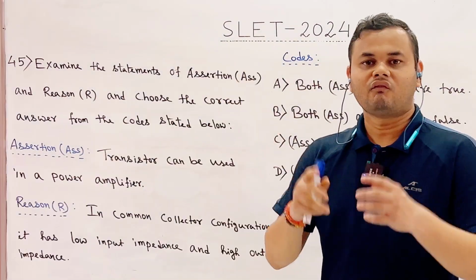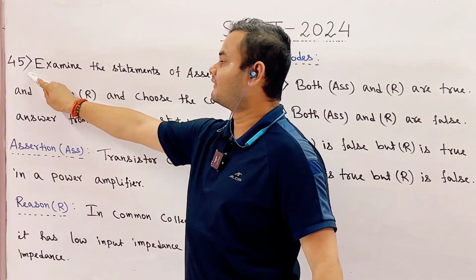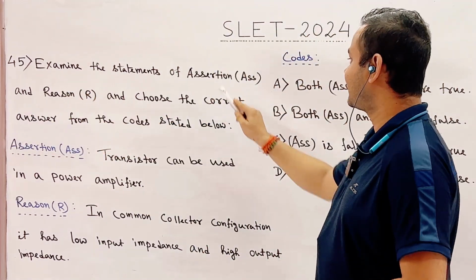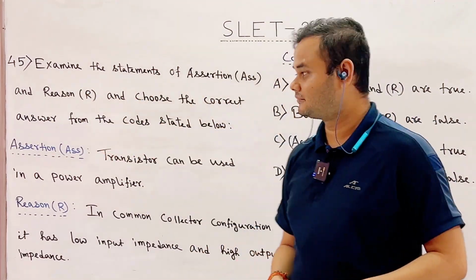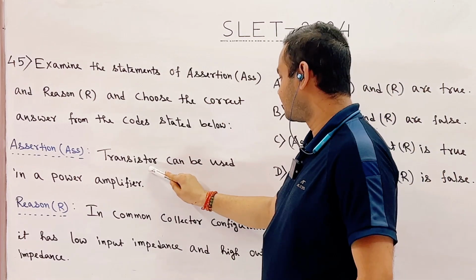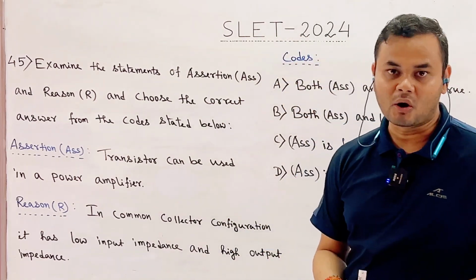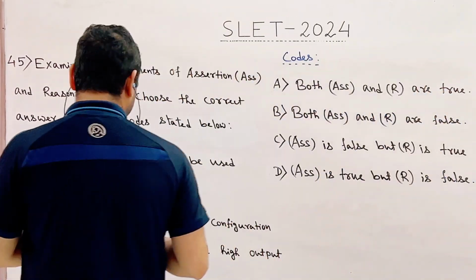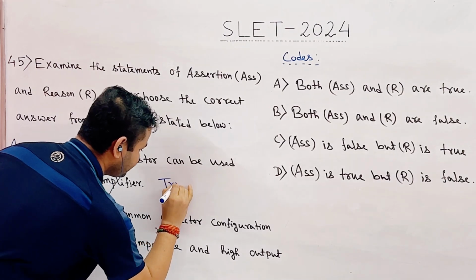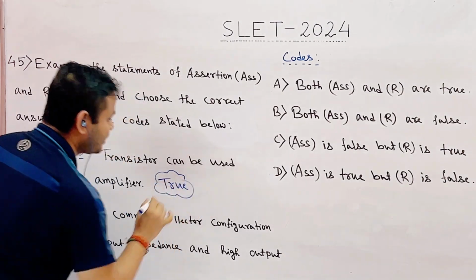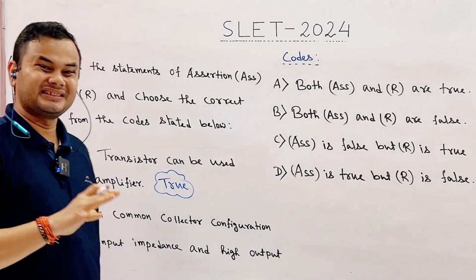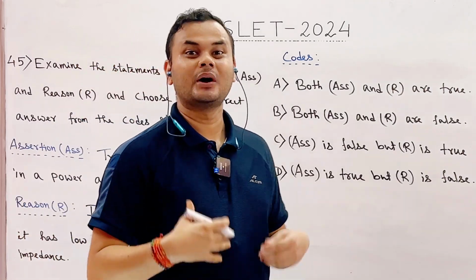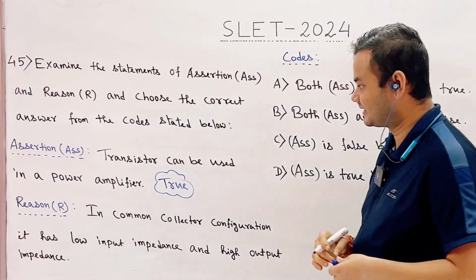Okay. Finally, let us discuss question number 45. This is also assertion reason type question. Assertion: transistor can be used in a power amplifier. This statement is true. Transistors are used in power amplifiers to amplify electrical signals.